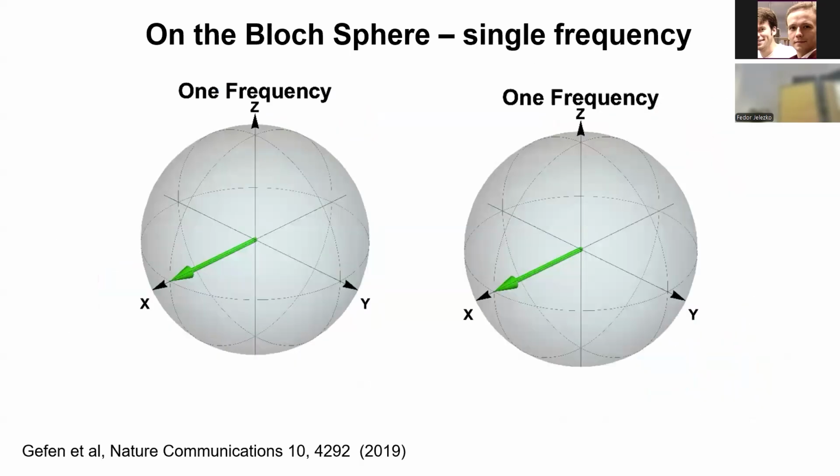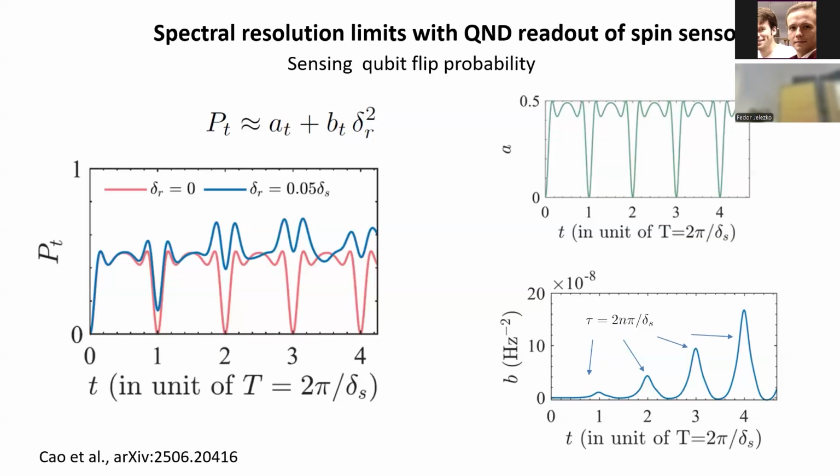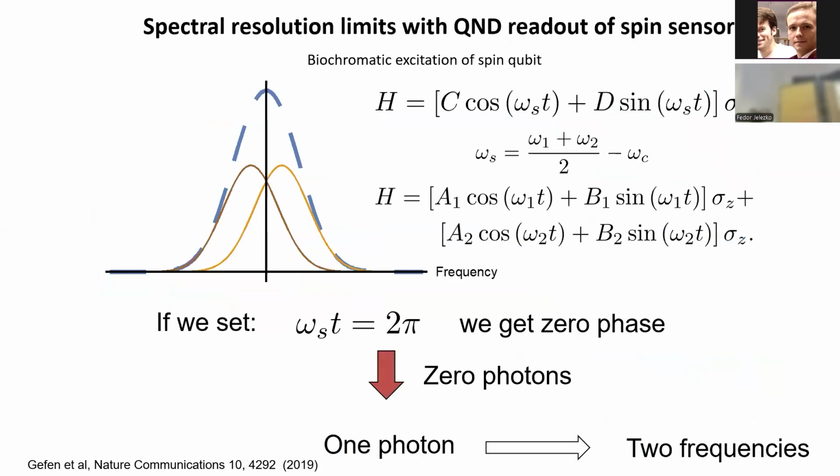So I just illustrate this. Yeah, please. Sorry, I have a question from the previous slide. So omega s, what is omega s exactly physically? It's like omega s is a kind of a rotating frame. Okay. So omega 1 and omega 2 are the beating, the two frequency components. Okay, and omega c? So it's a carrier of dynamical decoupling.